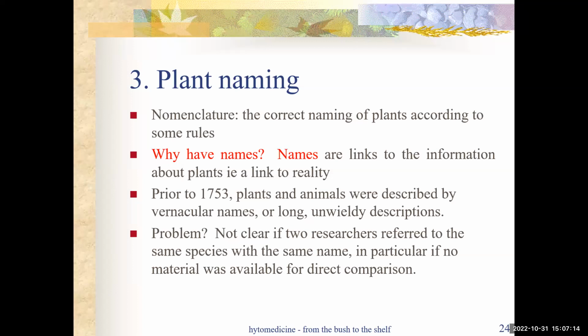And the rules actually came up through time. So before 1753, and that was the time of Carolus Linnaeus, before that time, it was a description. So if I wanted to describe our Secretary General of NAPRECA, I would describe him from the head to the bottom, okay?